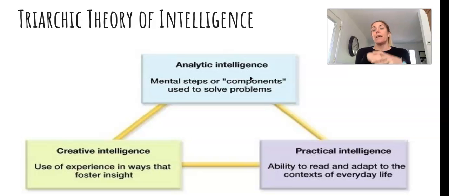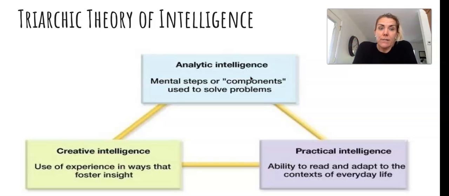And then you have the triarchic theory of intelligence. You could be analytical, you could be practical, you could be creative, you could be all 3. That's really how Sternberg described intelligence. You could be analytical, practical, and creative, or you could be creative, practical, analytical. You had some sort of combination of all 3. Analytic is those mental steps or components to solve problems.